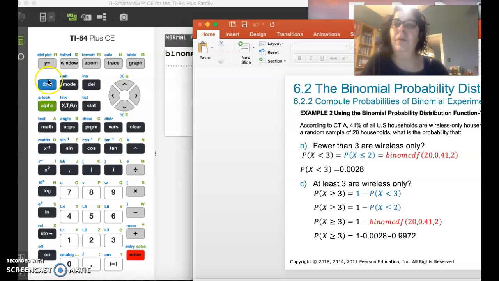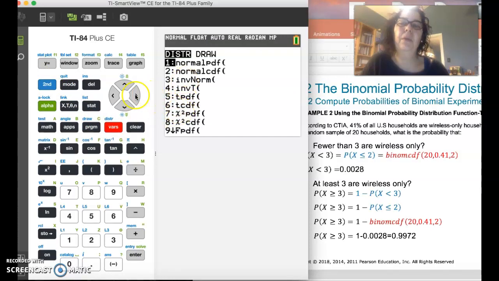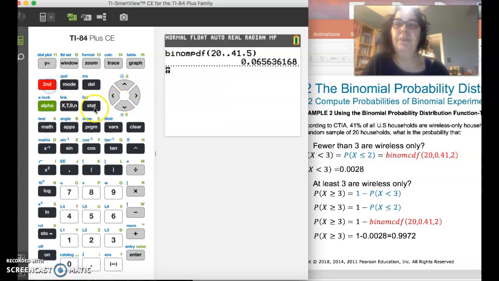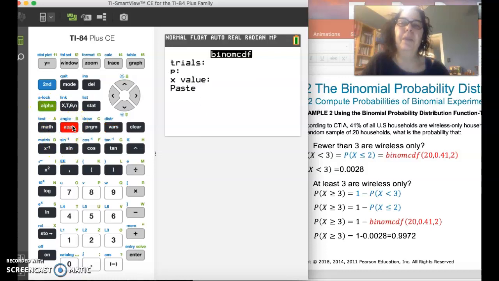Okay. So we're going to go second quit, second distribution. Now we're going to go to binomial CDF. This is B, I believe. Yeah, it's there. You can just jump in there by doing second distribution, then push alpha, and then push B. So how many trials do we have? 20.